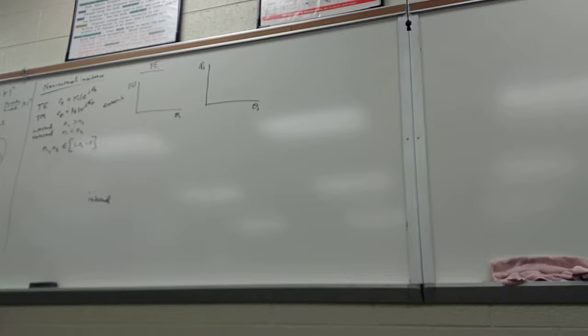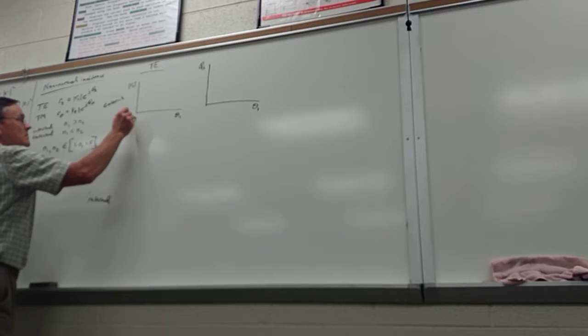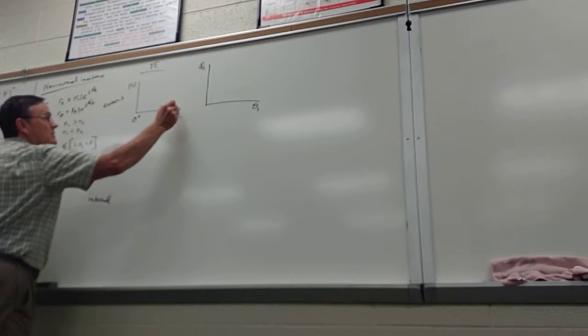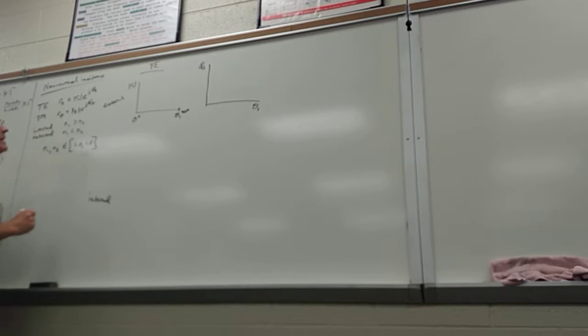Okay, so we've already seen for external reflection that at normal incidence, and let's go over here, 90 degrees. At normal incidence, what was the reflection coefficient? 0.2. And was it positive or negative? It was negative.